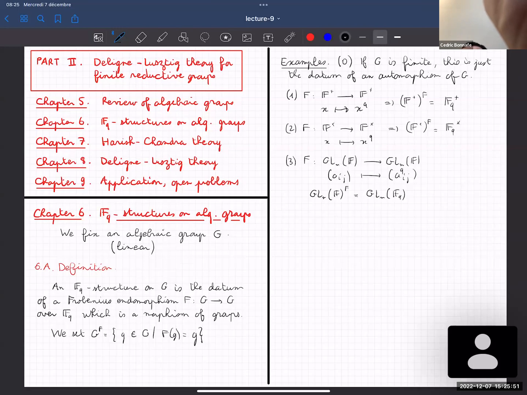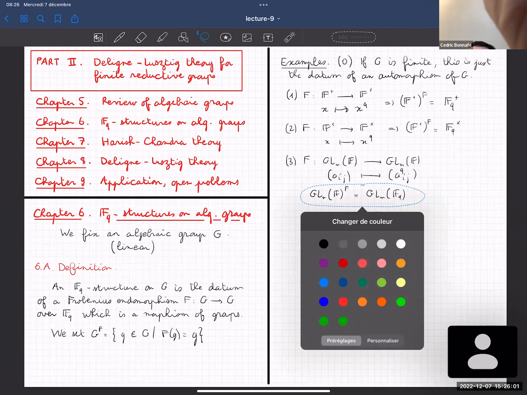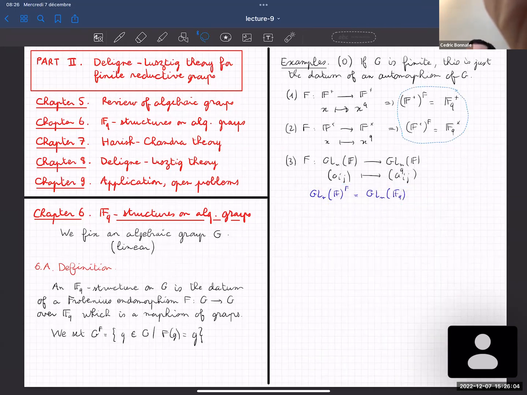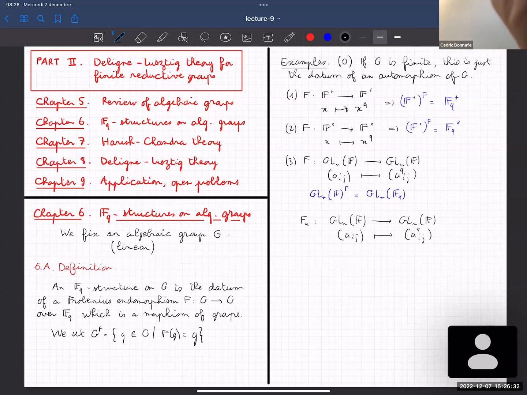But this example can be somewhat twisted as follows. I denote by F_U the map from GL_n to GL_n that sends a matrix to again the matrix where I raised the entries to the q-th power, but now I use a non-trivial automorphism of GL_n, the transpose of the inverse.